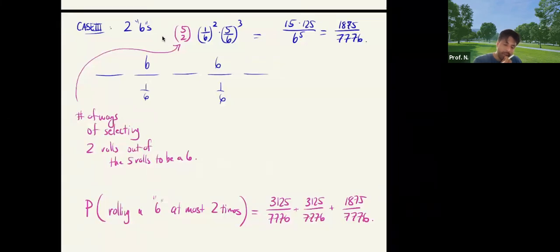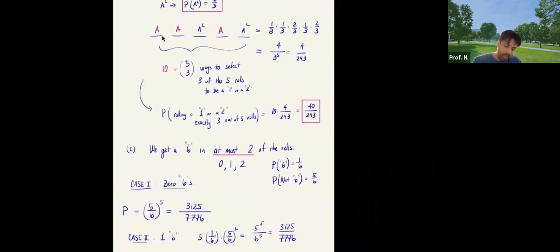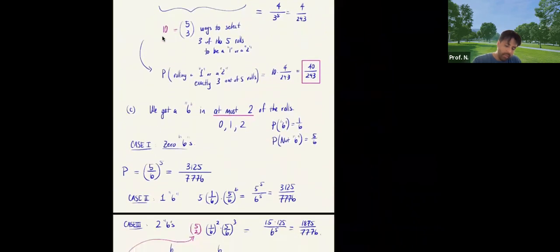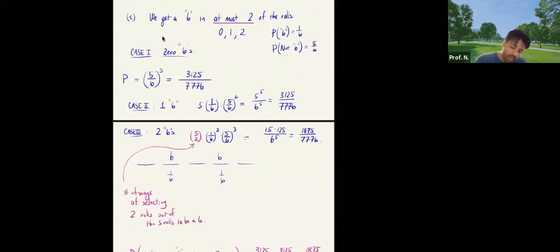So something's up here. Hold on one sec. We got a 6 in at most 2 of the 5 rows, right? There's 5 rows, yes. And then we want 0 6s, 1 six, 2 6s.